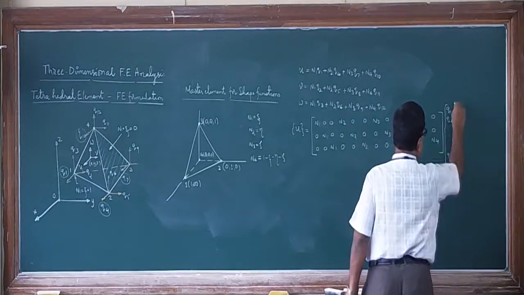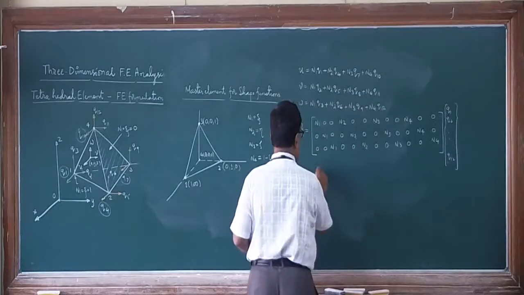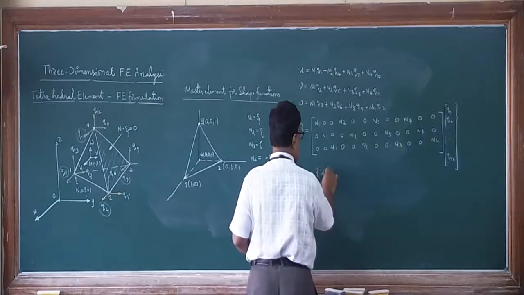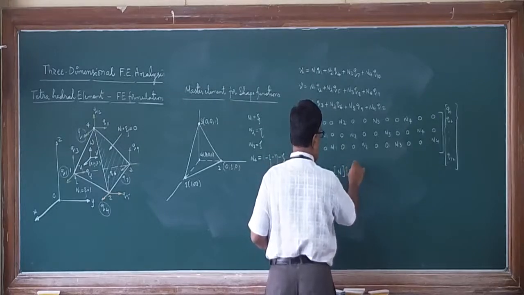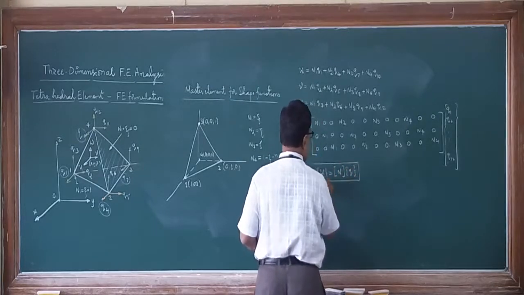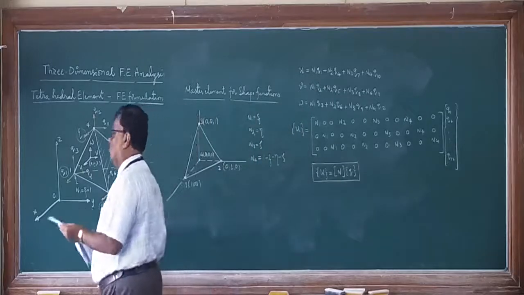So all this you can write as U equals NQ. This is the general expression for the displacement vector in terms of the nodal displacement vector.